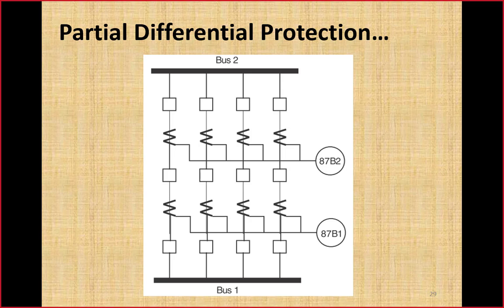Now somebody may ask this question: this bus 1 is being protected by 87B1, this bus 2 is being protected with the help of 87B2. What about this portion in each circuit? Which protection is over there? Remember, that will be included in line protection.